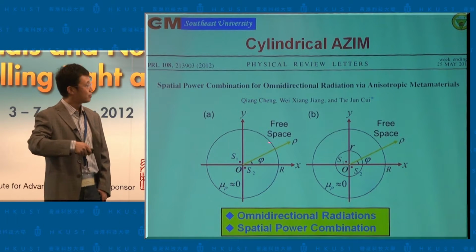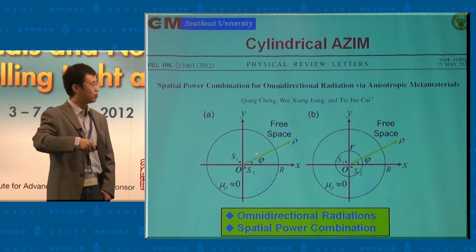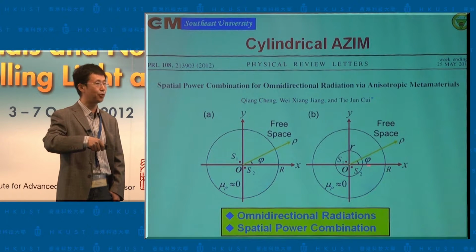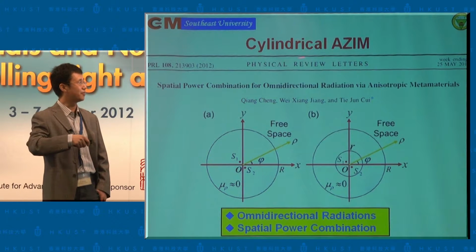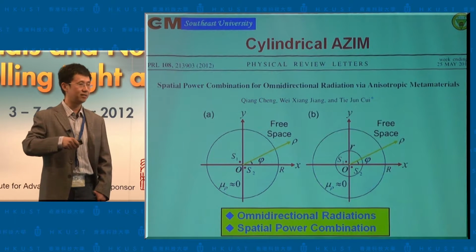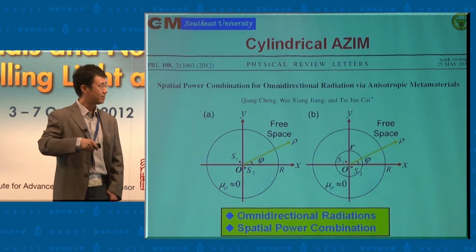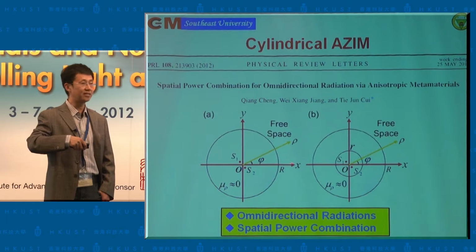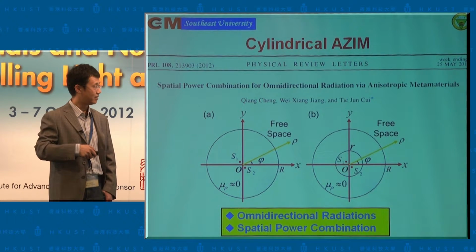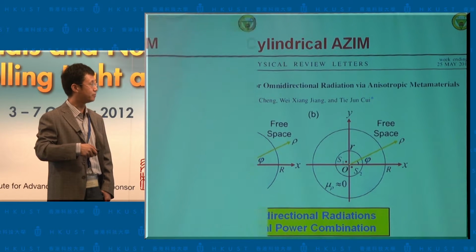That is, no matter what kind of source is placed inside a ring of such cylindrical anisotropic zero-index metamaterial, all sources will always radiate omnidirectionally. The second is we can realize a spatial power combination using such zero-index metamaterial.